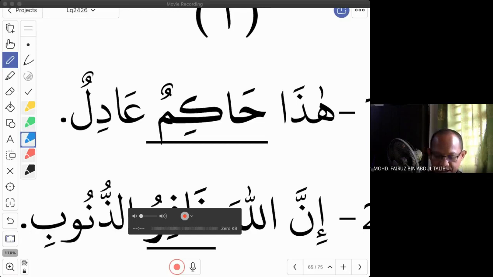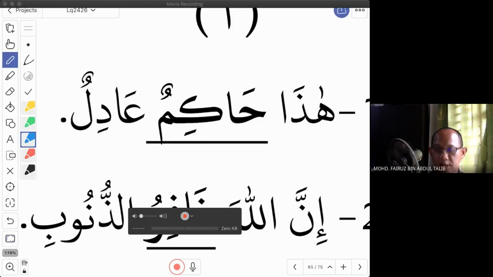Naam. So what is hakama? Hakama and mudari is yahkumu. One of the meanings is to rule. So what is a hakim? The ruler. So this is one of the isim fa'il. It is taken from the word hakama, and then we change the form to make it isim fa'il.